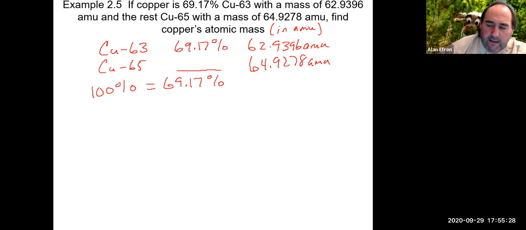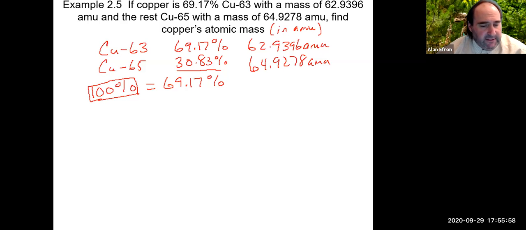So 100 minus 69.17 gives us 30.83%. That should be the percentage of our copper-65 isotope. Again, adding those together should give us the 100% of all the isotopes. So if you're not given all the percentages, you could usually assume 100% and find the missing percentage that you have.